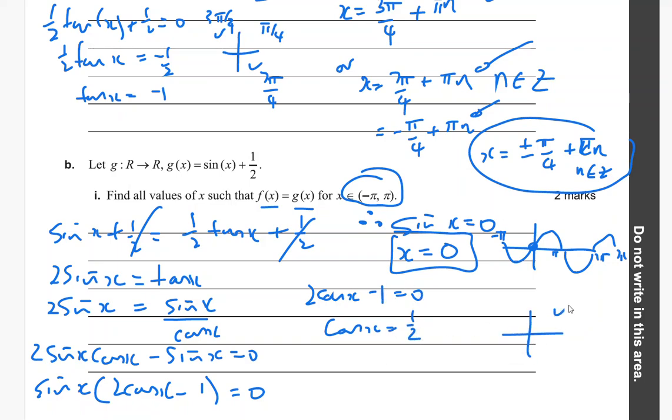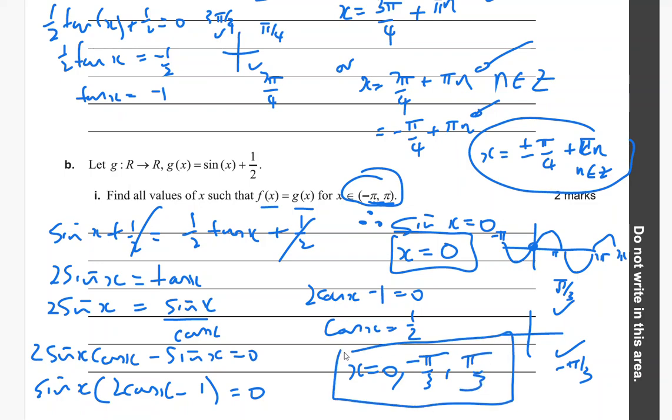Cos is positive in the first and the fourth quadrant. And in the first quadrant, the x value that gives the cosine of a half is pi on 3. So I'm looking at pi on 3 or minus pi on 3 given this particular domain. So x equals 0, minus pi on 3 or pi on 3 are the answers for part B.